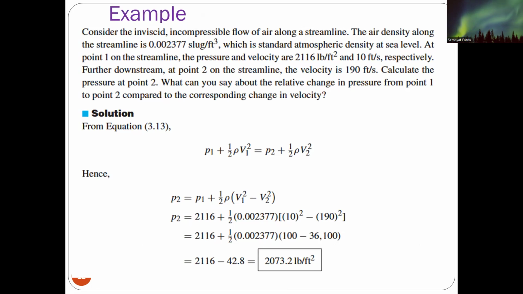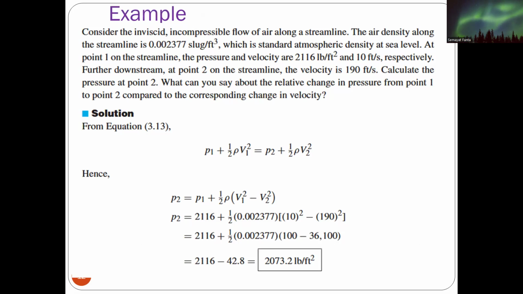At point 1 on the streamline, the pressure and velocity are given as 2116 pound per feet square and 10 feet per second, respectively. Further downstream at point 2 on the streamline, the velocity is 190 feet per second. Calculate the pressure at point 2. What can you say about the relative change in pressure from point 1 to point 2 compared to the corresponding change in the velocity?